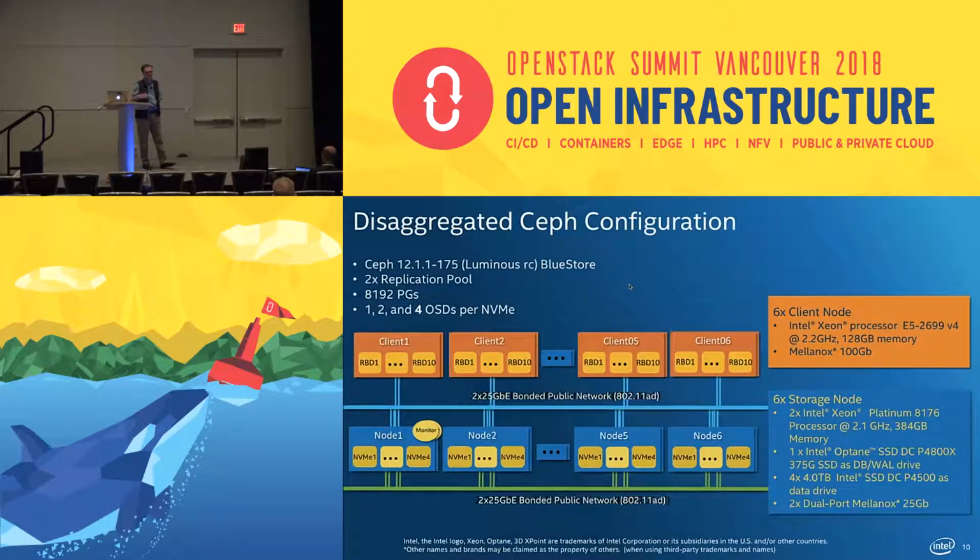It's 100 total, but we bonded them up for redundancy, so that's 50 usable. Pretty good configuration, 6 nodes. How many clients did we have? We had 6 clients, 6 storage nodes. Our clients were still Broadwell, but the clients aren't nearly as important as the cluster nodes.